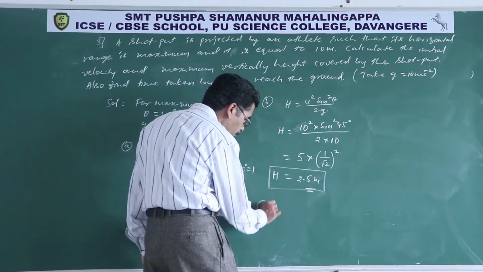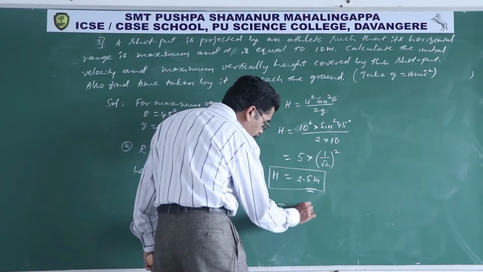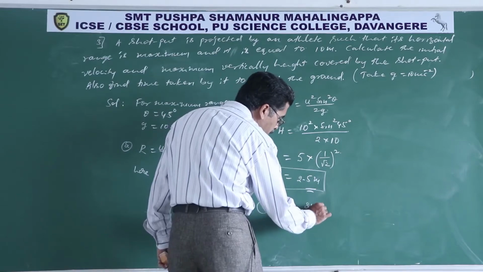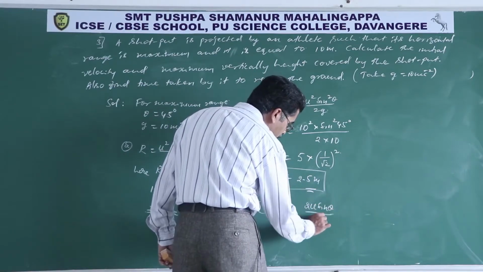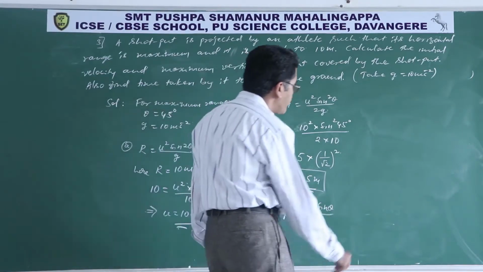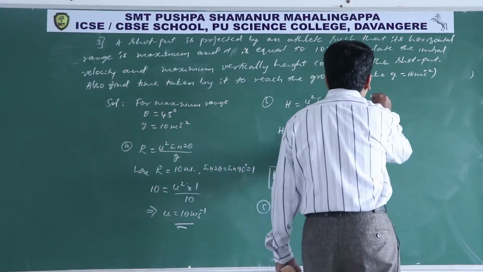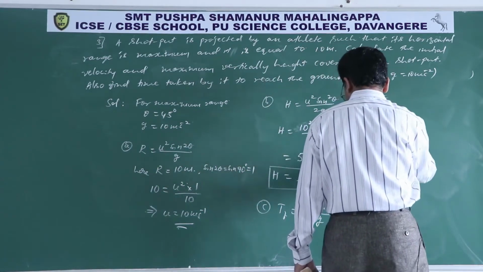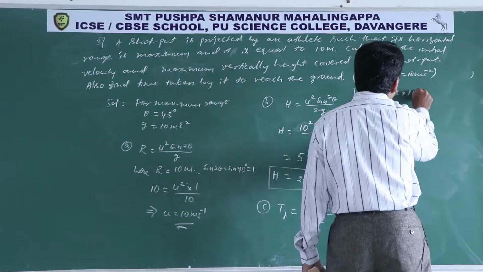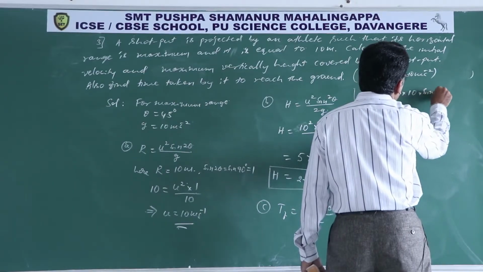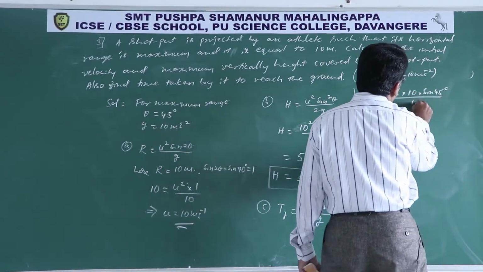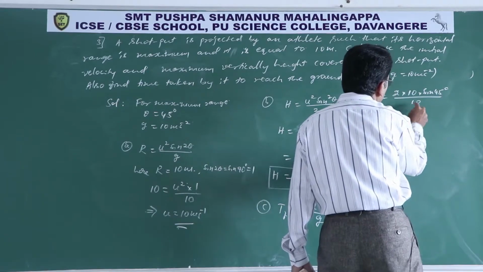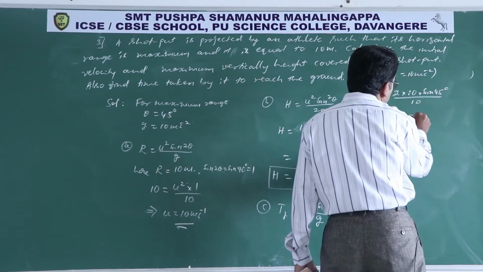Then time of flight, TF is equal to 2u sine theta divided by g. You are going to get time of flight is equal to 2 into 10 sine 45 divided by 10. 2 into 10 got cancelled.